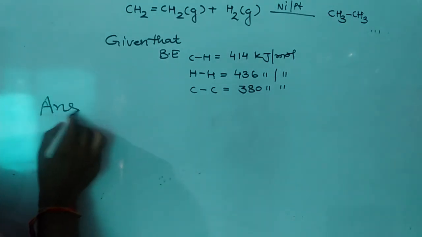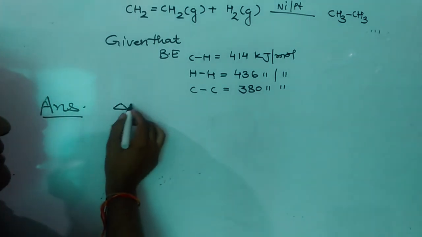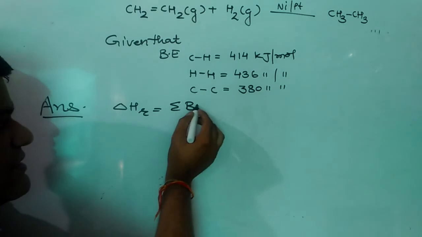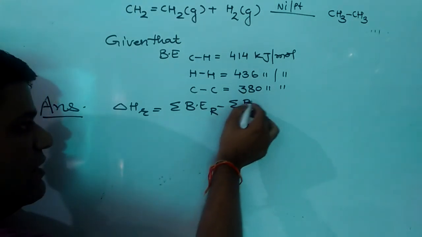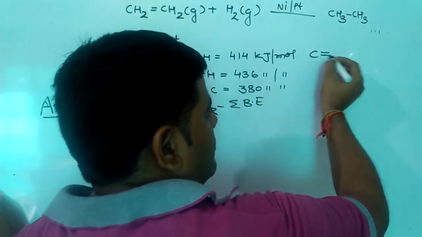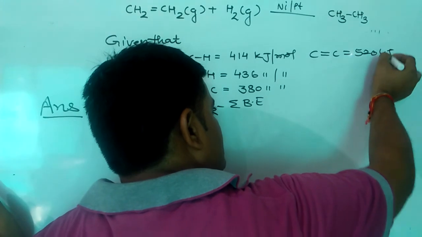To solve it, first of all we have to write down the formula: summation of bond enthalpy of reactants minus products. The bond enthalpy of carbon double bond is also given, that is 520 kilojoule per mole.